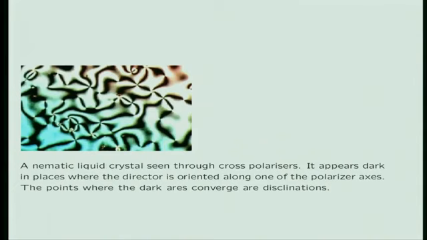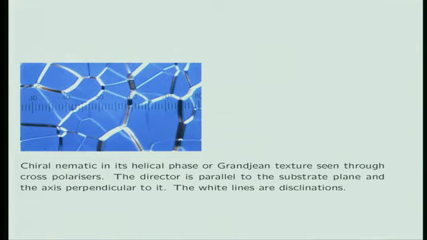Okay, well, the liquid crystal is here. This is a typical thing seen through cross-polarizers, and I guess everyone knows what these dark spots are, and so I won't labor this point here. Here are defects, and in fact that's another connection between liquid crystals and general relativity, but a slightly different one from what I am wanting to talk about.